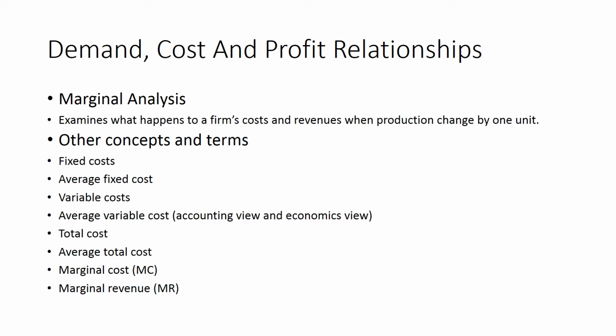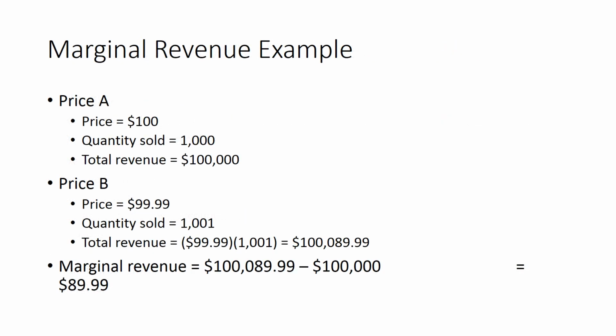Marginal cost is the change in total cost when you produce and sell one additional unit, and marginal revenue is the change in total revenue obtained by selling one additional unit. This is an explanation of marginal revenue. The starting point is price A. The price is $100, and 1,000 units are sold, so the total revenue is $100,000.